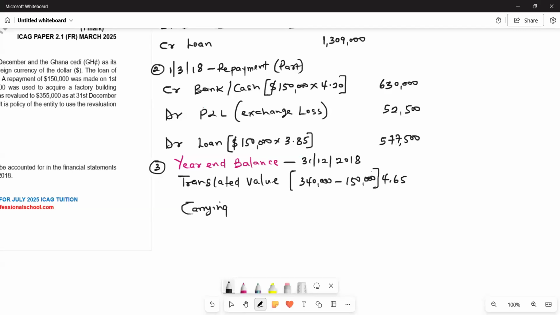If there was no movement, then the current amount would have been 190. And what? 3.85.